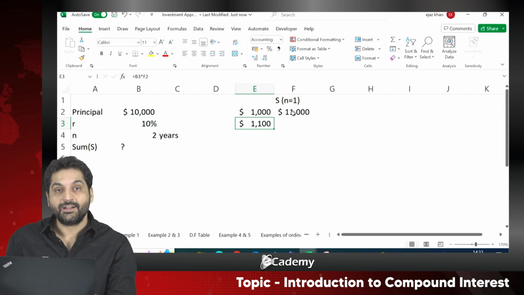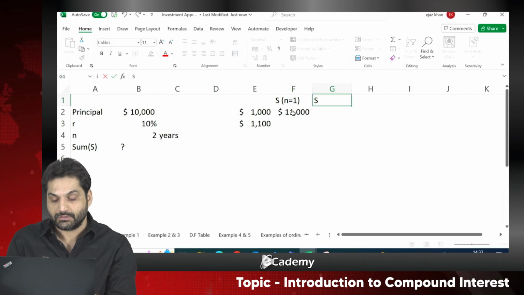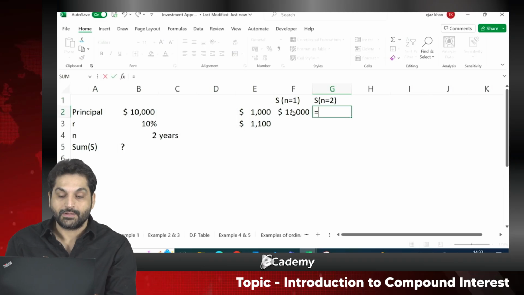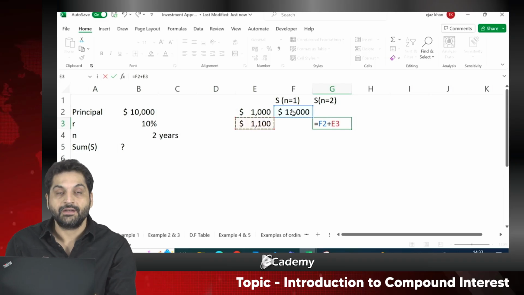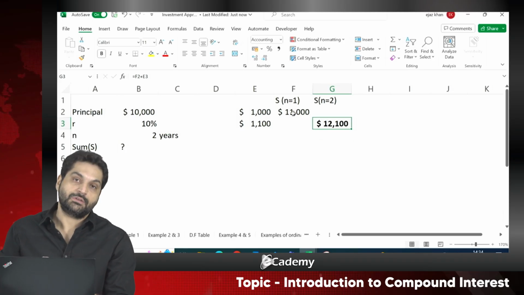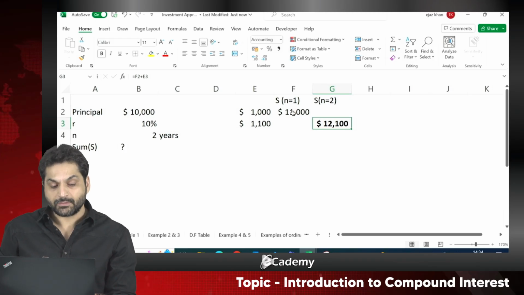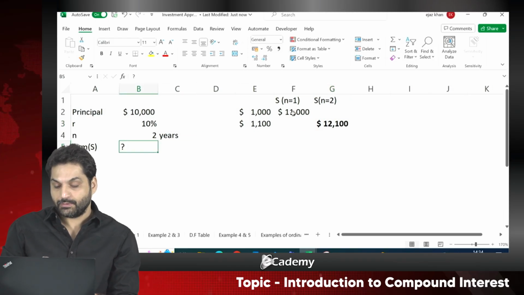So for the second year, the interest will be $1,100. And the total sum after 2 years, n is equal to 2, will be 11,000 plus the second year's interest, which is 12,100. So in 2 years, we will be getting $12,100. And this is called your sum.